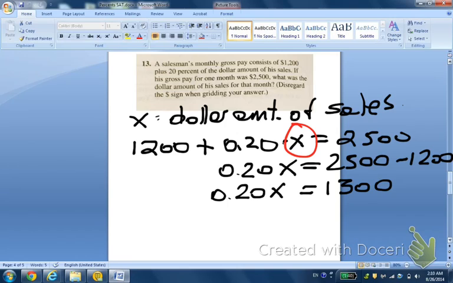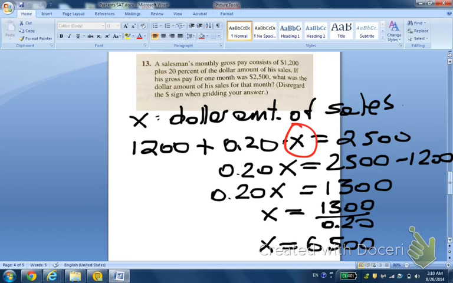Divide both sides by 0.20. And you get your answer. X is equal to, if you do this on your calculator, 6,500. Put in the units there, dollars.